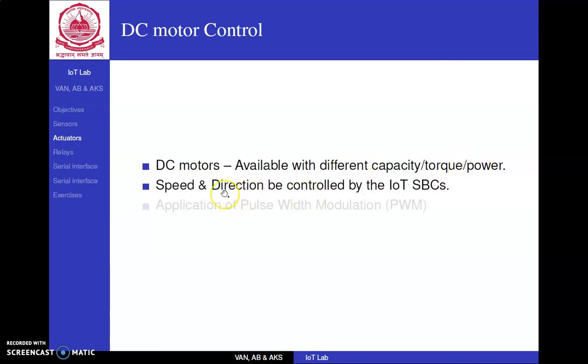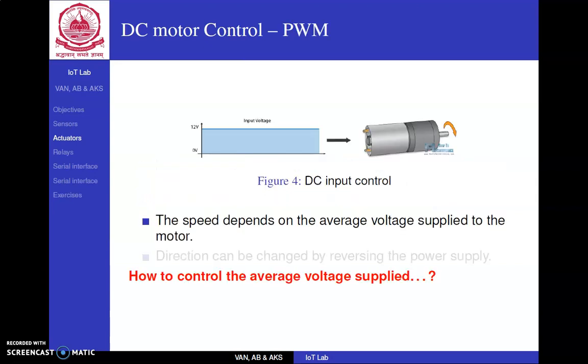Its speed and direction can be controlled by IoT single board computers such as Node MCU, Raspberry Pi or Arduino. The speed control is mainly accomplished with the help of a technique known as pulse width modulation, or PWM. So let us see how PWM works, which is at the heart of controlling a DC motor.